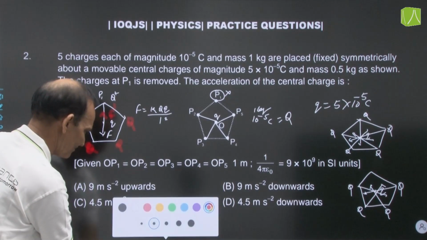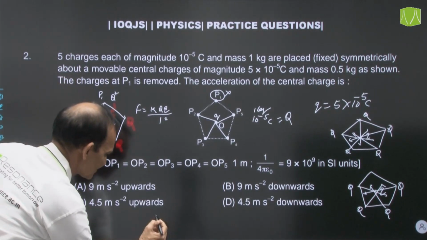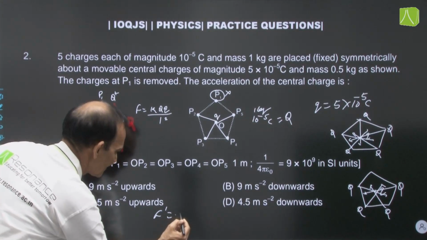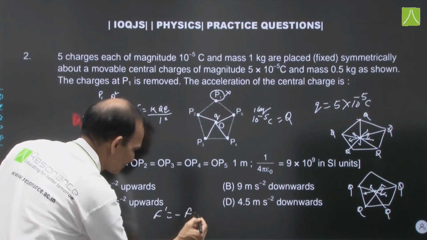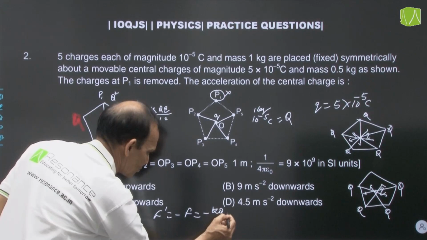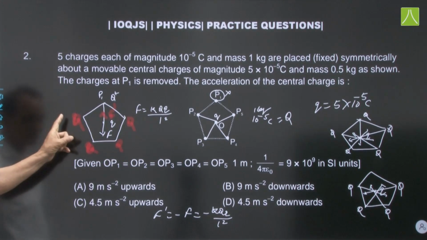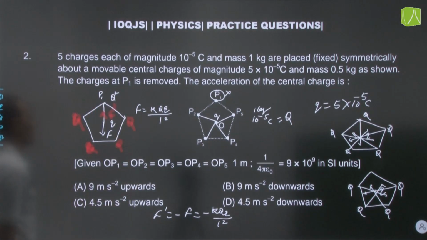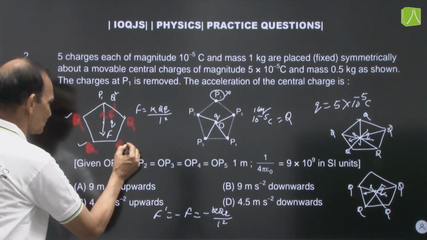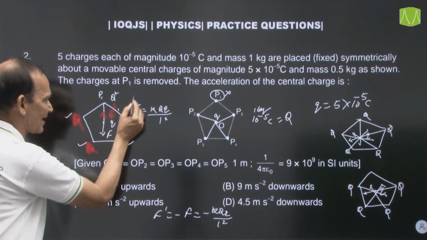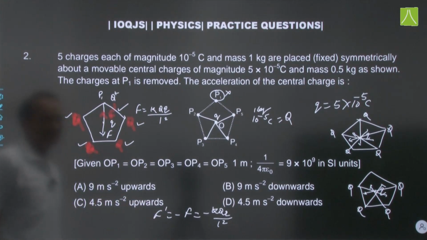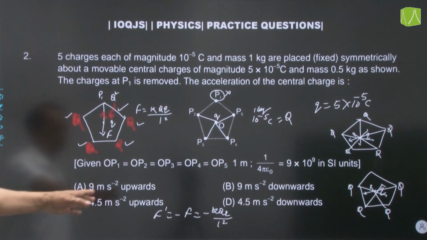We can easily find F dash will be minus F, minus K Q q divided by 1 square. It is the force due to the 4 charges. Now our question is, only this charge is removed, then what is the force due to the remaining 4? That is F dash. The minus sign shows that the direction will be towards P1. The value of F1 is this one.